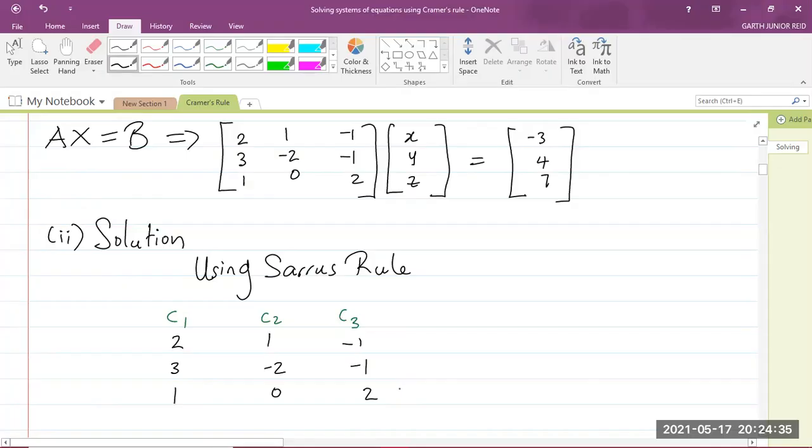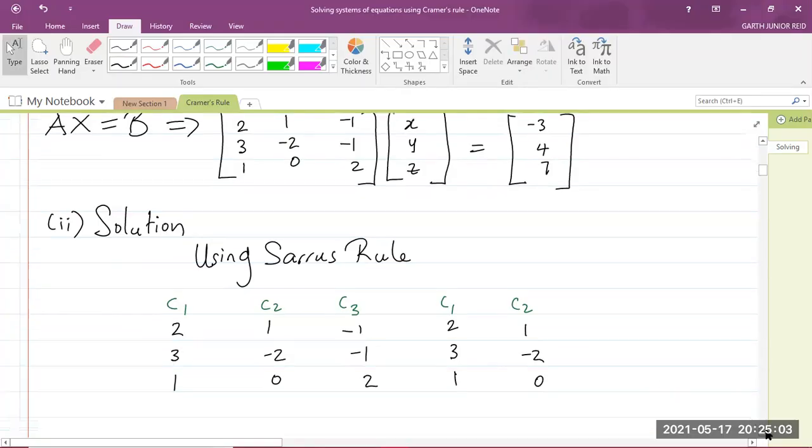All right, that is what we have. Then we're going to repeat the first and second columns of the matrix A. So column 1 again, which is 2, 3, 1, and then column 2, which is 1, -2, 0. Good. That is what I have.